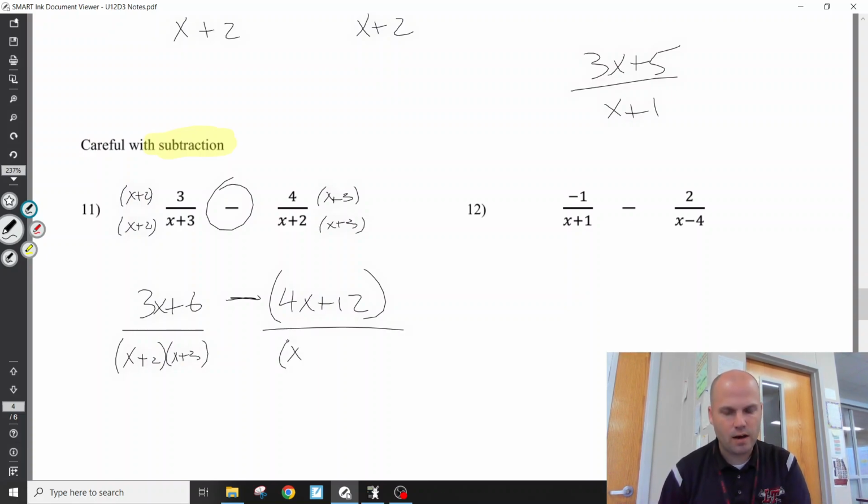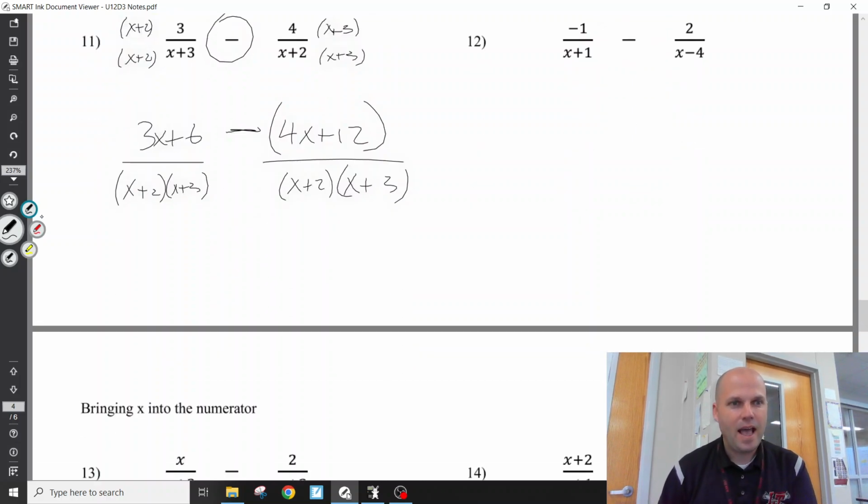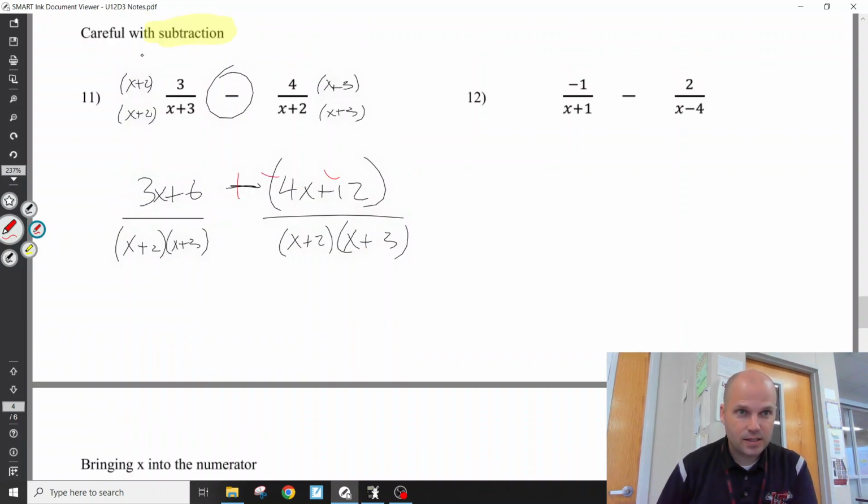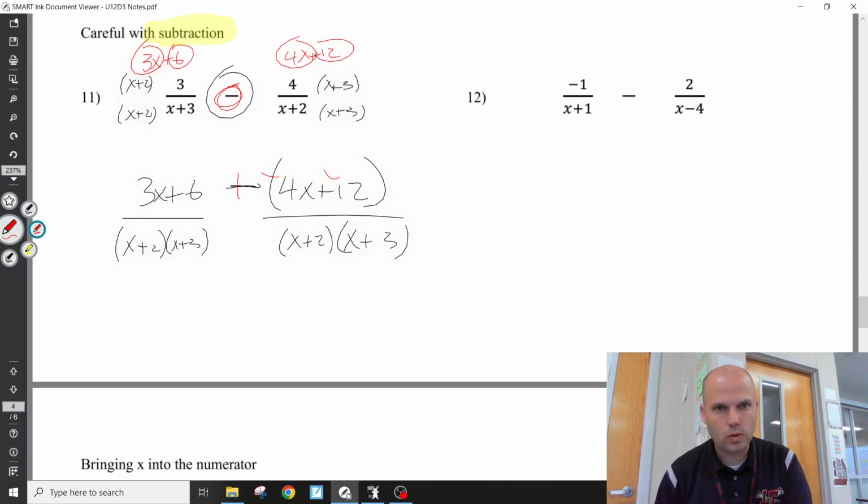I haven't really figured out what's going to be best for the students yet. Maybe doing this step and then thinking about distributing the negative, or 3x plus 6, 4x plus 12, 3x minus 4x, 6 minus 12. See what makes the most sense to students.